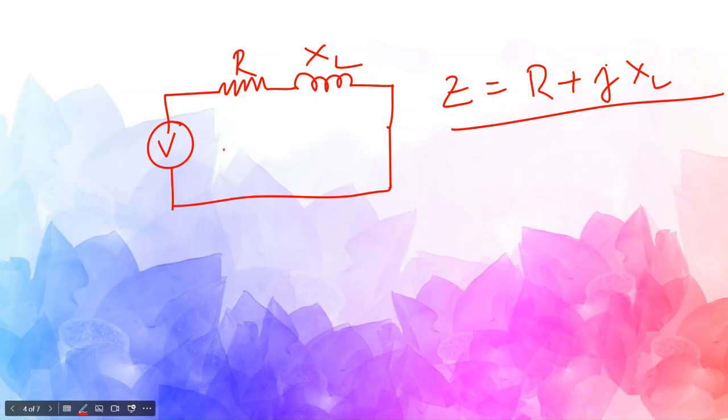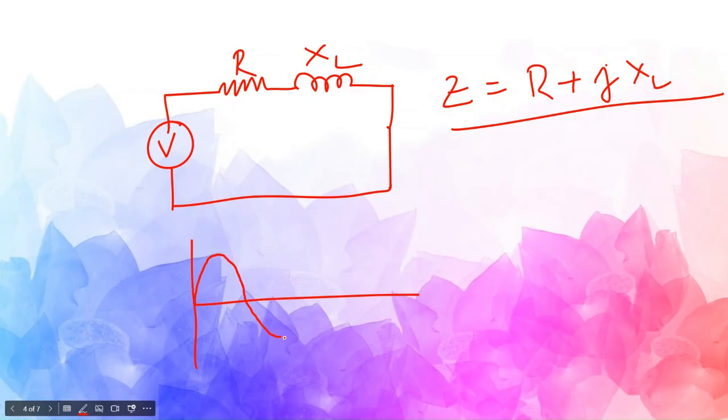But the main theme that I want to say is that if we draw the voltage and current waveform, it will be something like this.